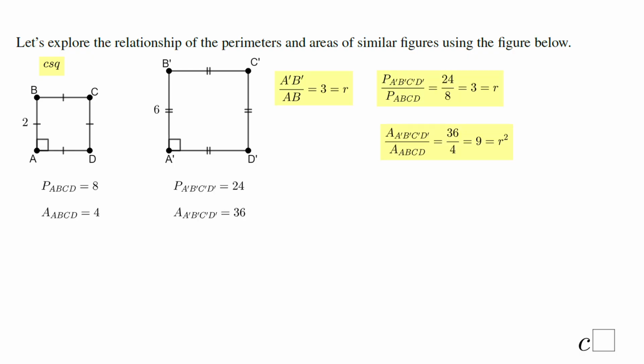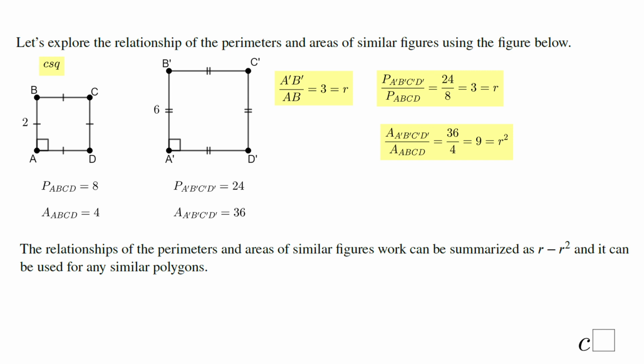This is a rule that will allow us to solve more math problems, obviously. And you see here I did the same math as a couple of minutes ago. So this is the rule that I'd like to mention, which says the perimeters have the same relationship as the scale factor r.